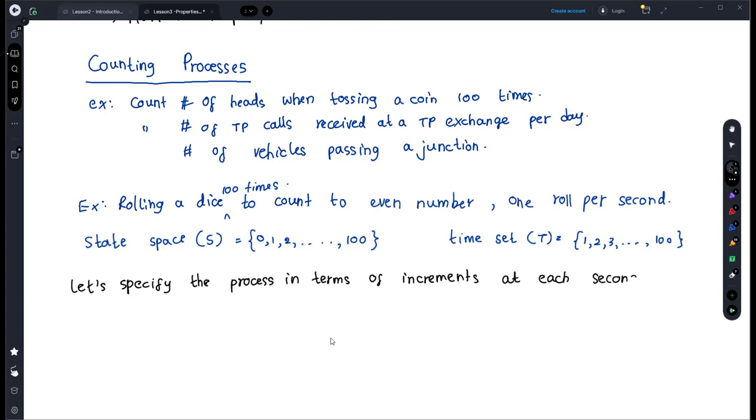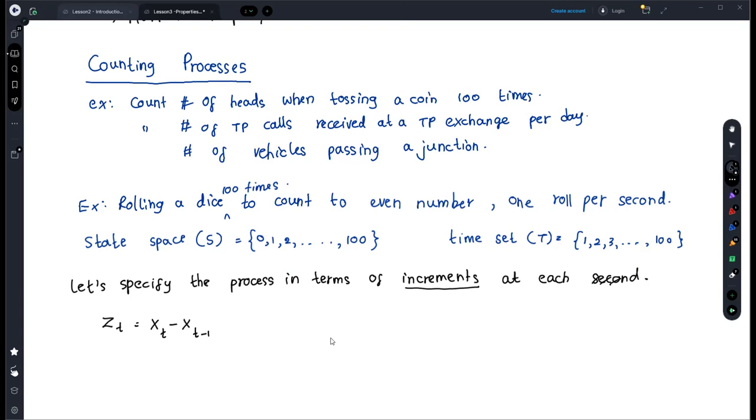Okay, increment, right? So we denote an increment with the notation Z_T. That will be the difference between the count you got in T minus T minus 1. That means the previous time, previous second.